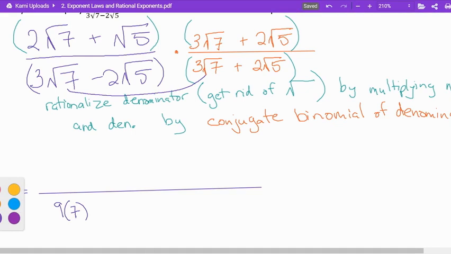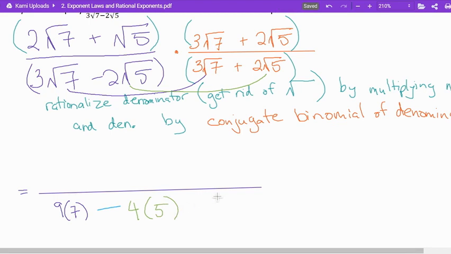Now, if it's the FOIL rule, will I have a positive or negative? It's going to be a negative. Okay. And now last times last. 2 root 5 times 2 root 5. So 2 times 2 is 4. Root 5 times root 5 is 5.